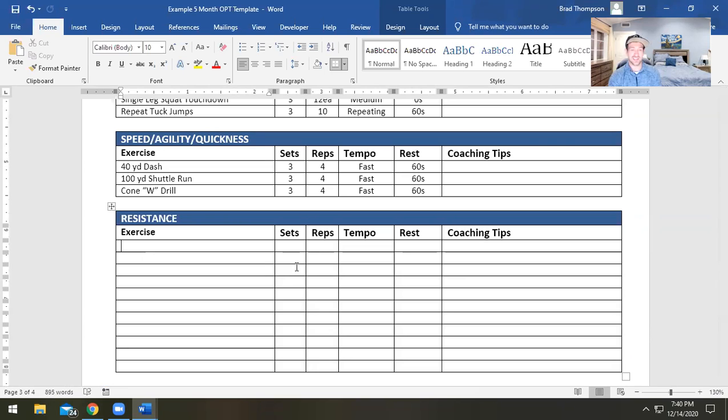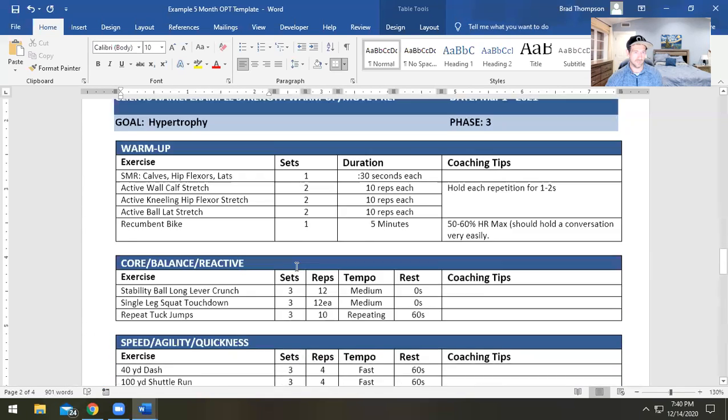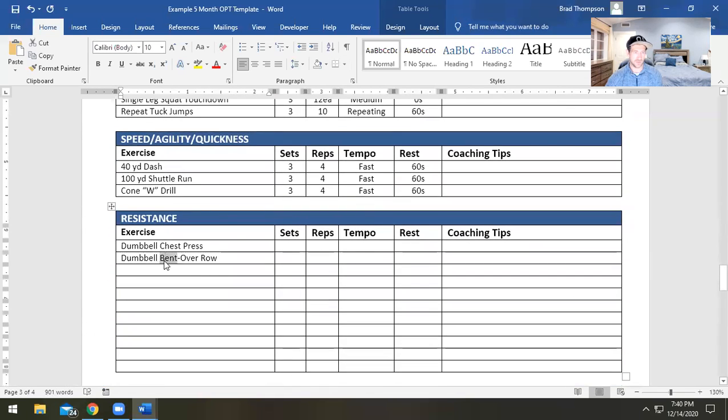So let's start with the chest. Let's do that dumbbell chest press like we did. We did that dumbbell, what was it, bent over row, right? Which is not how I called it, bent over dumbbell row. Seated shoulder press.